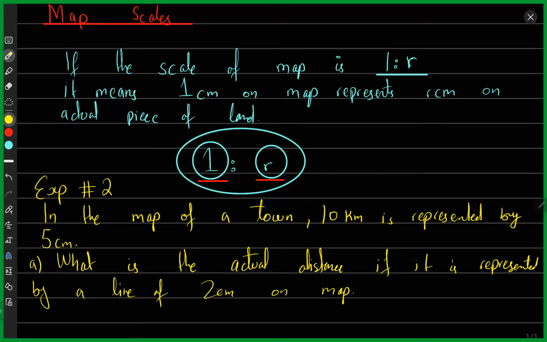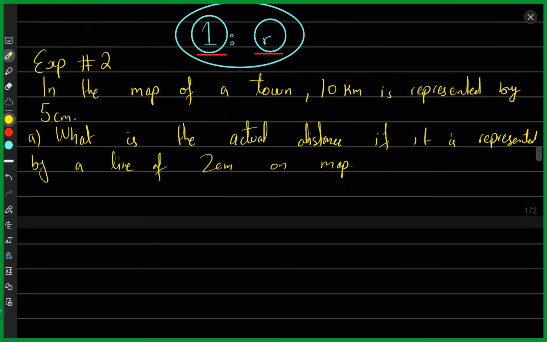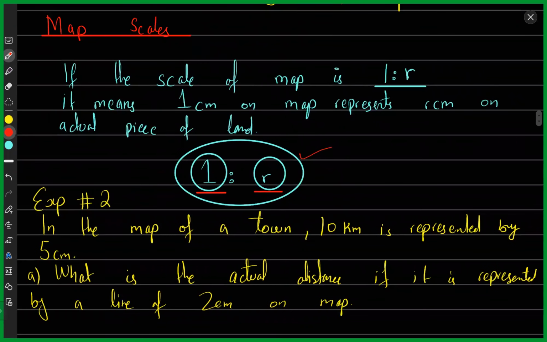Okay, let's discuss this thing. In the map of a town, 10 kilometers is represented by 5 centimeters. So actually if something is 10 kilometers long, on the map you'll see a line of 5 centimeters only. So let's just make the ratio first. If the scale of a map is 1:r, it means 1 centimeter on map represents r centimeters on actual piece of land.